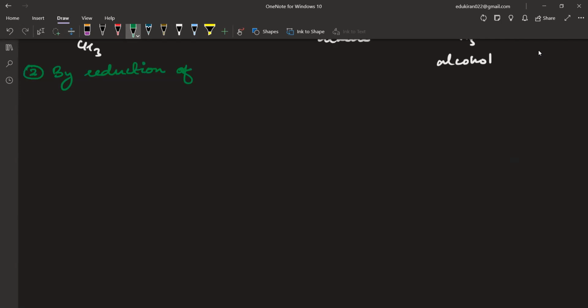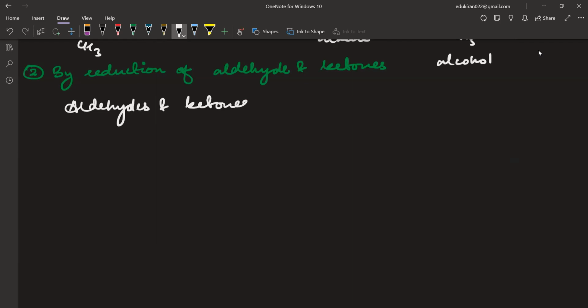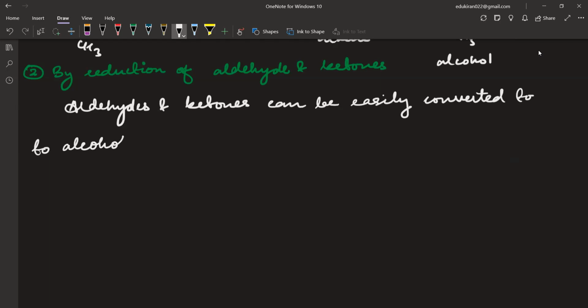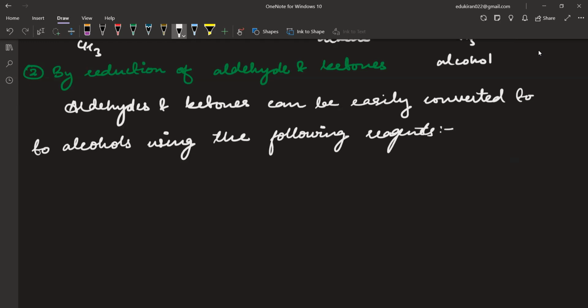By reduction of aldehydes and ketones. So right here, aldehydes and ketones can be easily converted to alcohols using the following reagents.